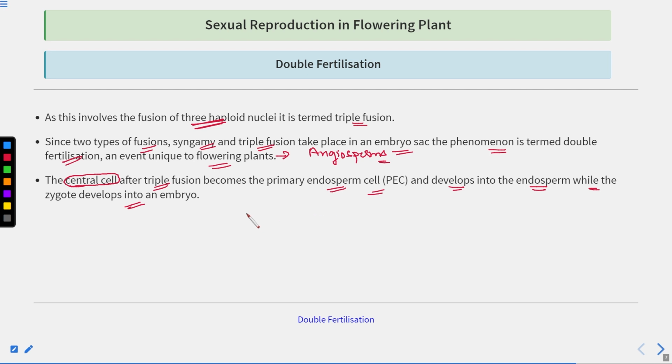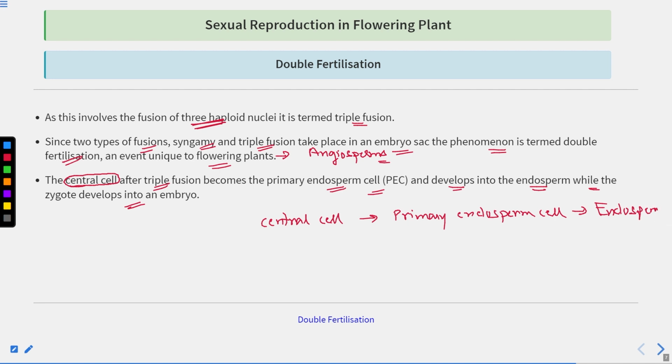So you can write here: central cell, which before fertilization contains the two polar nuclei. The central cell after fertilization will develop into the primary endosperm cell, PEC. And this primary endosperm cell will form the endosperm.